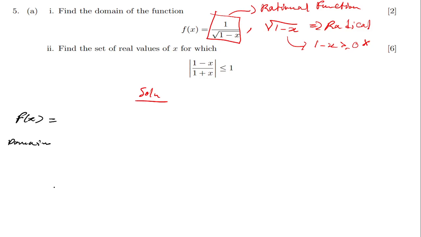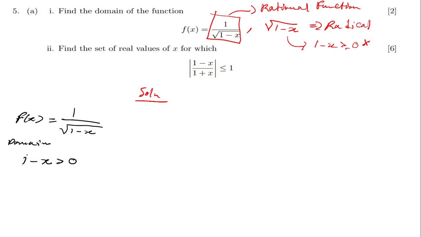So we have 1 over the square root of 1 minus x. We just get what is inside there: 1 minus x should be greater than 0.